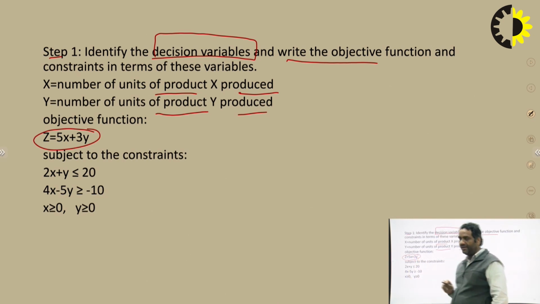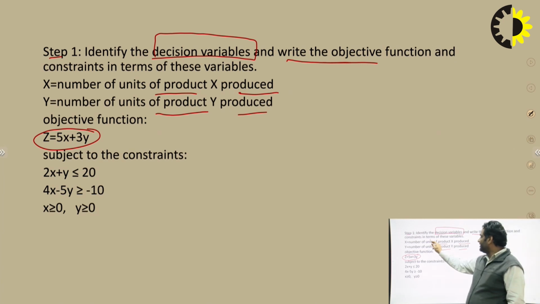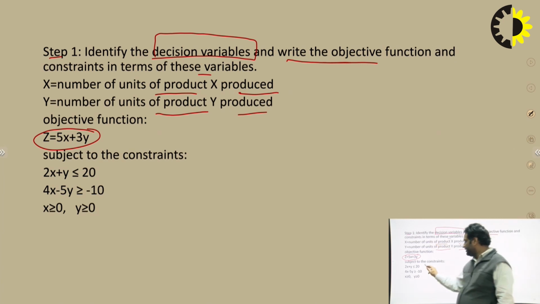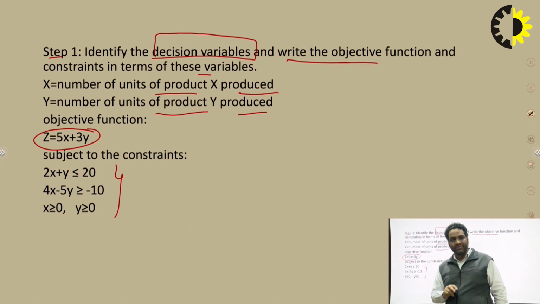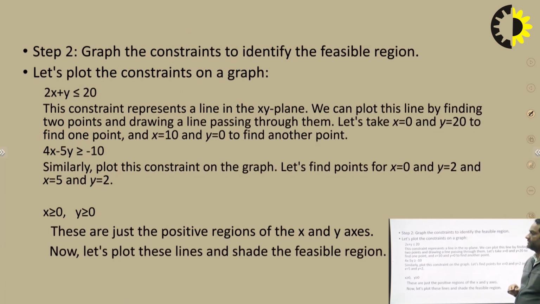We have already been given the constraints as 4 equations in terms of these decision variables.